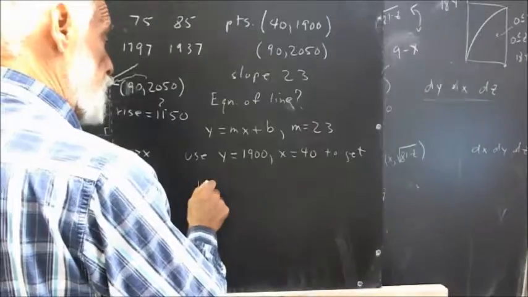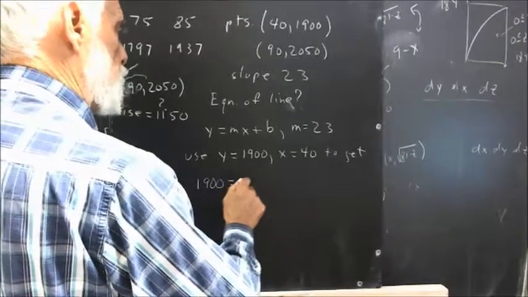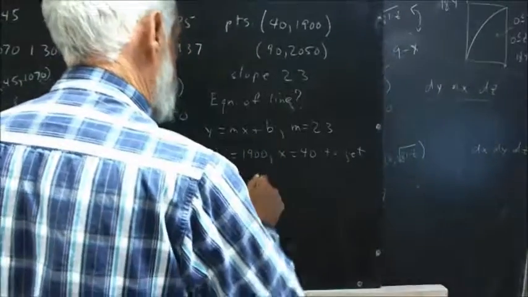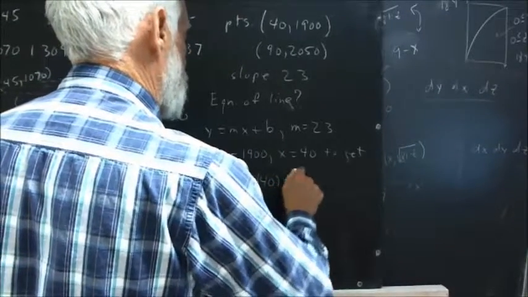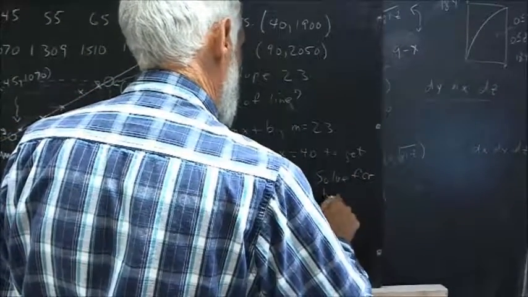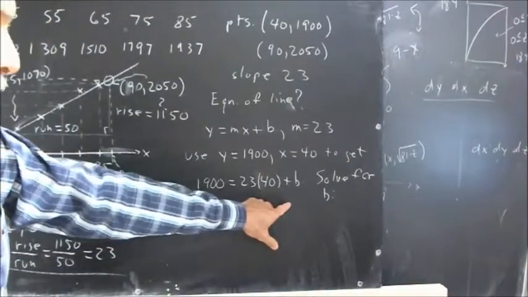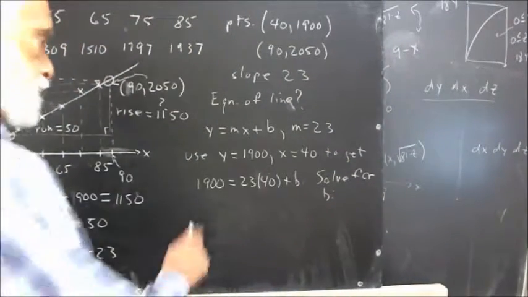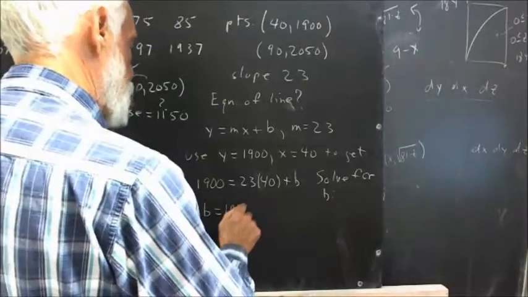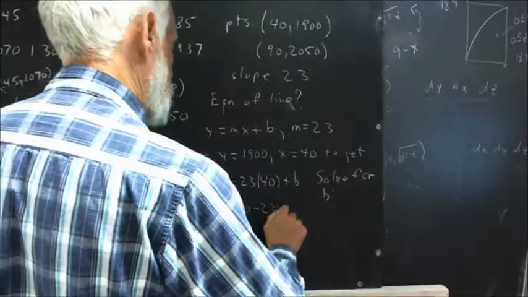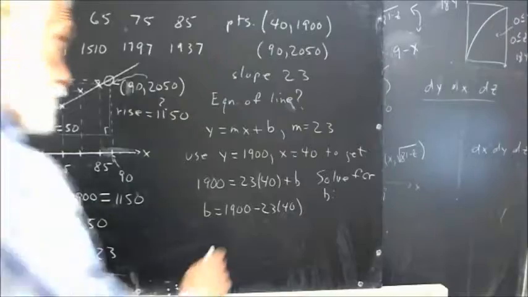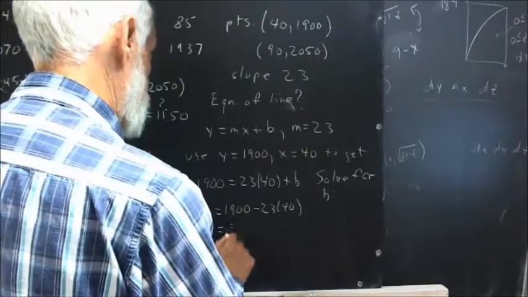So that's going to be 1900 equals 23 times 40 plus b. Okay, and we solve for b. We get b equals 1900 minus 23 times 40. 23 times 40 is 920. Subtracting that from 900, I think we get 880.